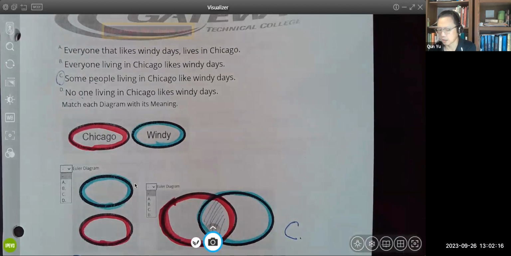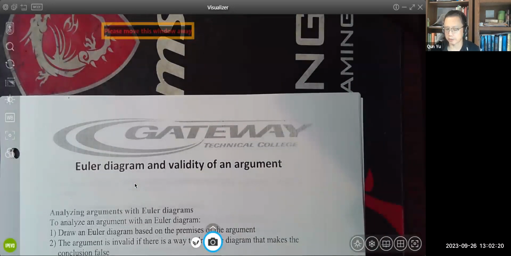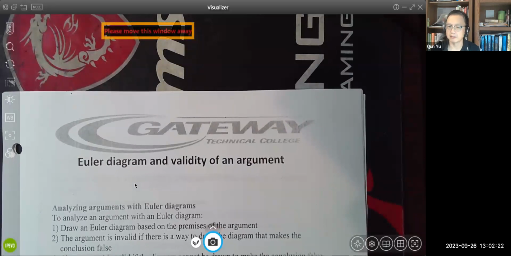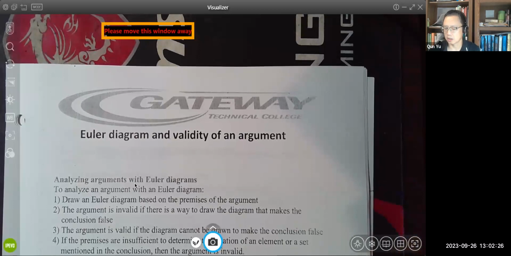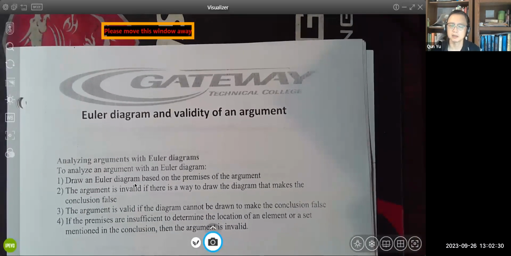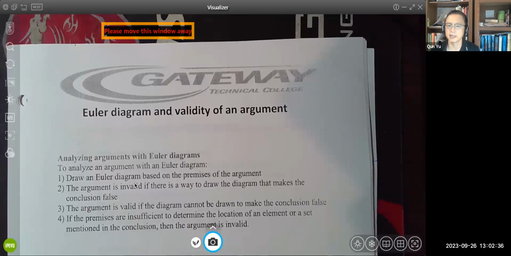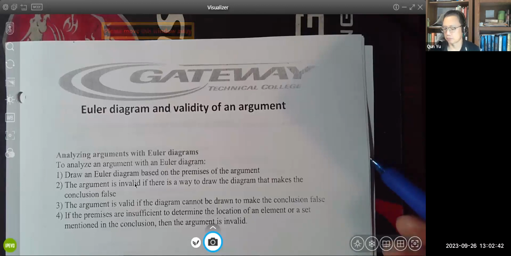Now let's look at how we use Euler diagrams to determine the validity of an argument. So how do we do that? This is a general process. First, in order to determine whether a given argument is valid or not, you have to draw a Euler diagram to represent those premises.